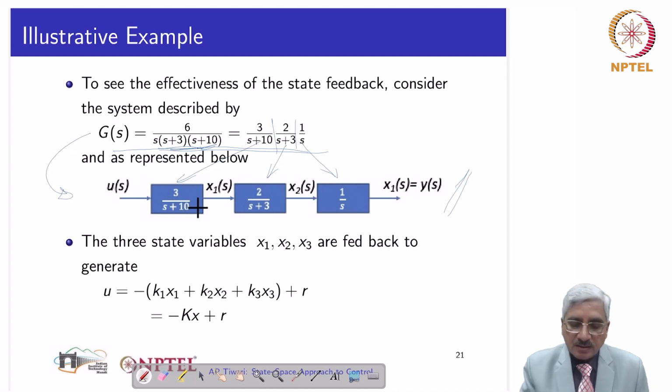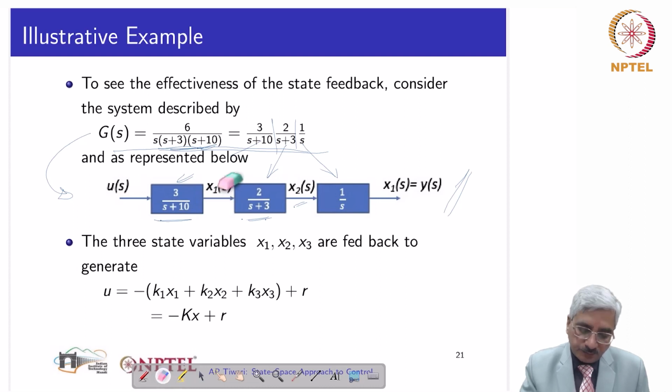So U(s) is entering the first block, the first subsystem, which is 3 by s plus 10. Its output is x1, and that is the input to the second block, 2 by s plus 3. Output of this block is x2. I'm sorry, this is x3, this is not x1, excuse me.